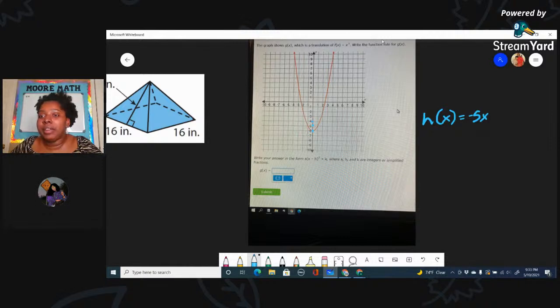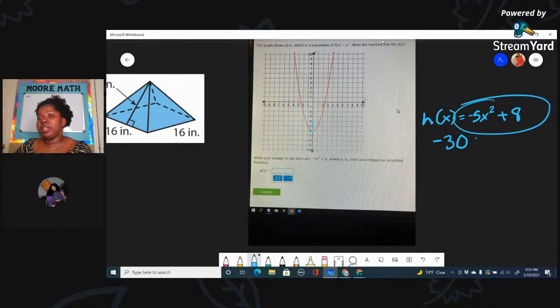H of x equals negative 5x squared plus 8. Like that? Yeah. Okay. So negative 5x squared plus 8. And then it was like, find the average rate of change t equal to negative 30. Okay. So to make this equal negative 30? Yes.